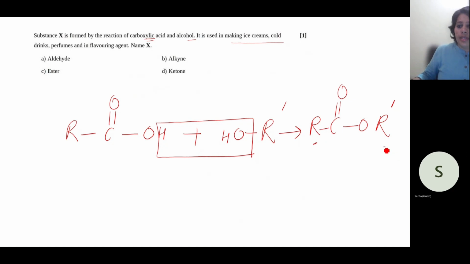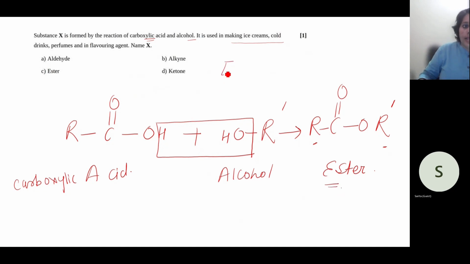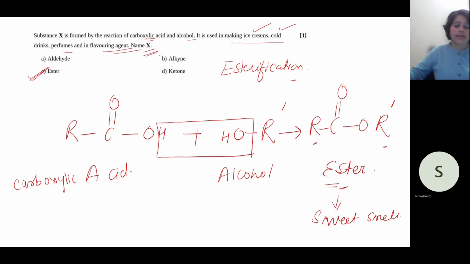R means one alkyl group and R' is another alkyl group. This reaction is known as esterification. Esters have a very sweet smell, and they are used for making ice creams, cold drinks, perfumes, and as flavoring agents. Hence X is an ester. So tick this one.